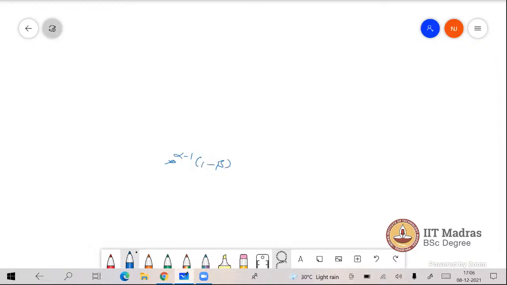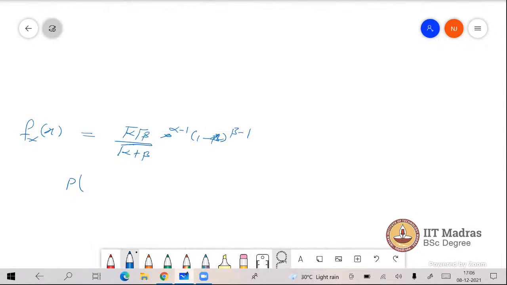So this is proportional. Some constant comes here. I think the constant is gamma alpha gamma beta upon gamma alpha plus beta. Yes, sir. This is the PDF, right? So for the CDF, you need to find the probability of x lying between 0.2 to 0.4, right?